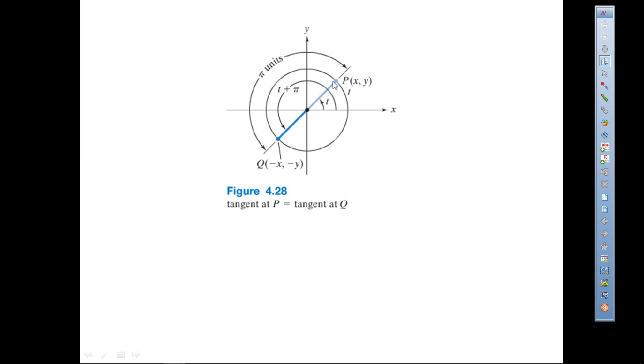Now, tangent, you're going to see, is periodic also, but it has a period of pi instead of 2 pi. You're going to have the same values here as you do down here. You're going to have the same values here as you would down here. And because you're dealing with the same numbers, the only difference is your signs, S-I-G-N.